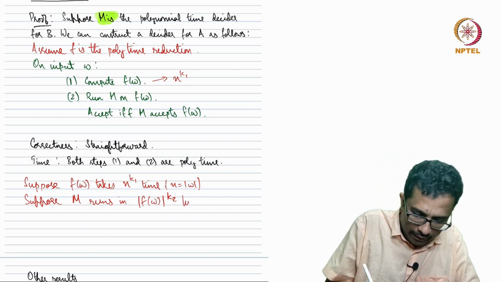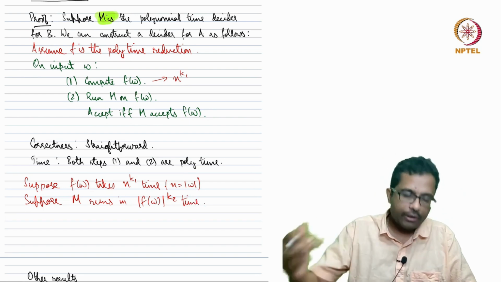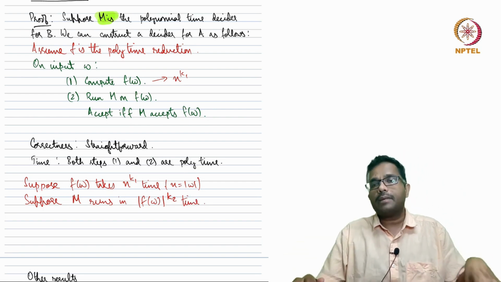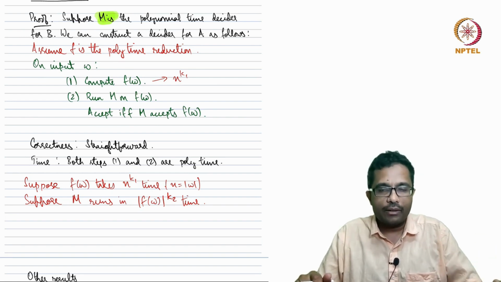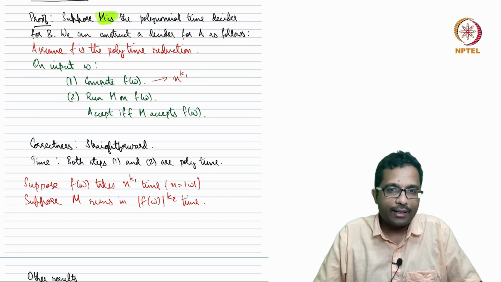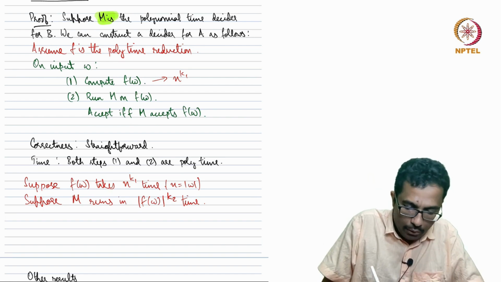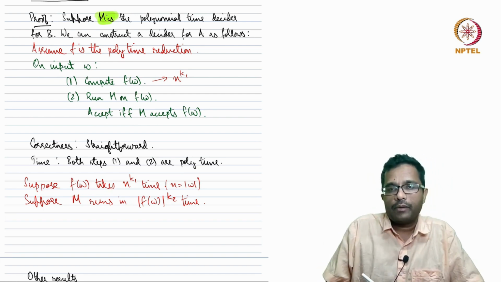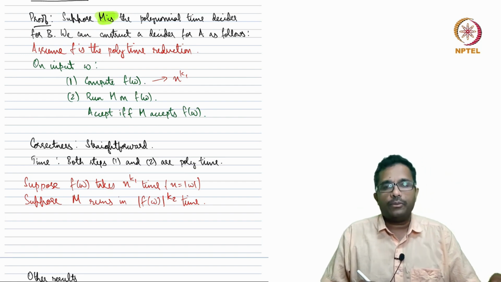So the input to M is f of W. Suppose the exponent of M is k2. We know M is a polynomial time Turing machine, so it will run in the length to the power k2 for some constant k2. But what is the length of f of W? We know only the length of W.